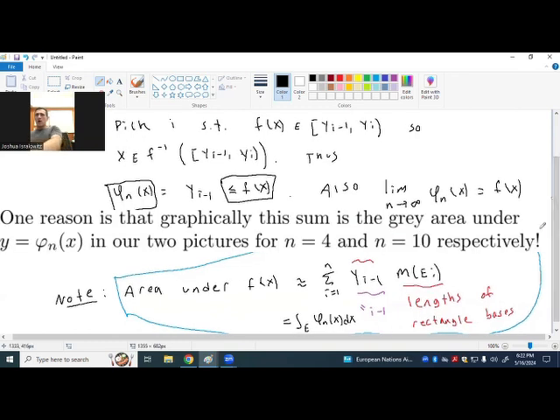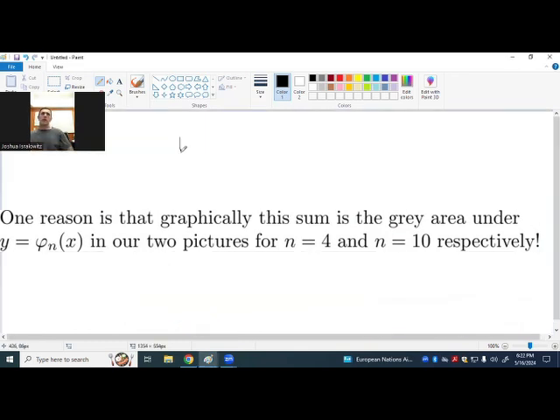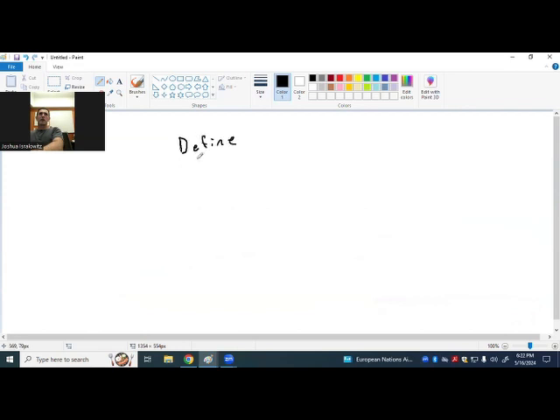Why is that? Well, what I'm going to do here is define, in general, the Lebesgue integral. Again, this is a definition. So if I have a simple function phi, I'm going to define it in the following way: in general, the sum from i equals 1 to n.